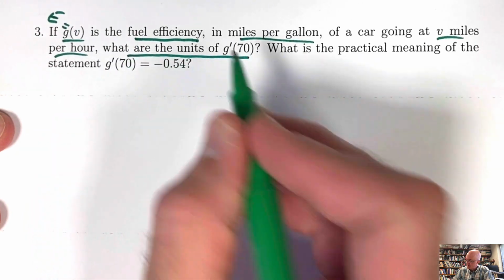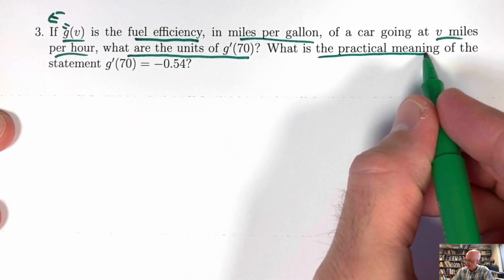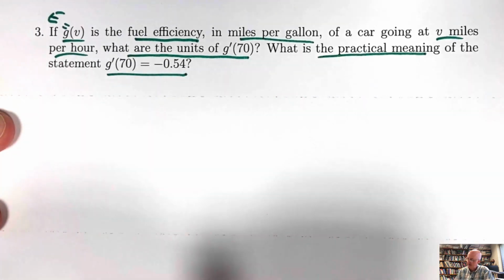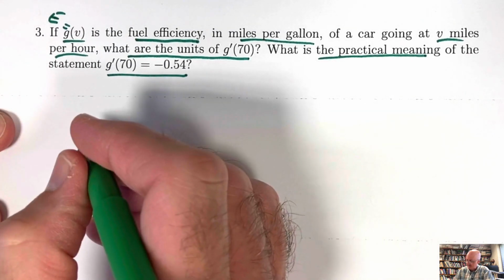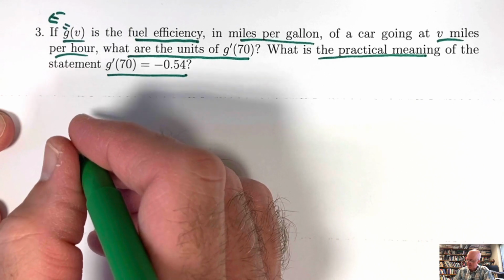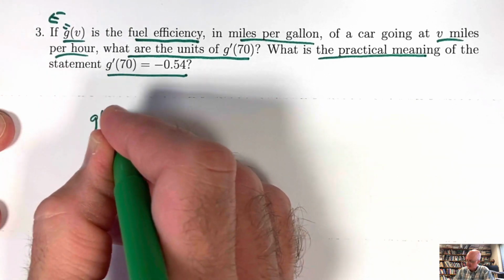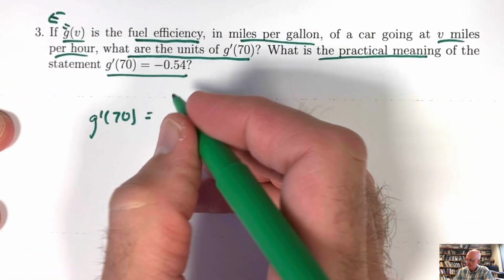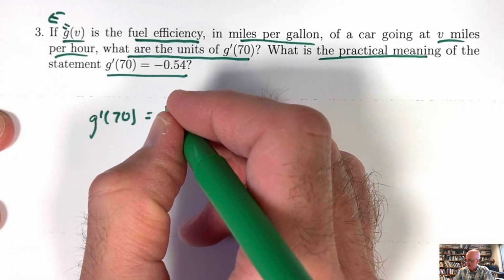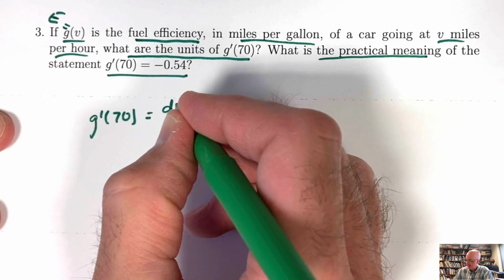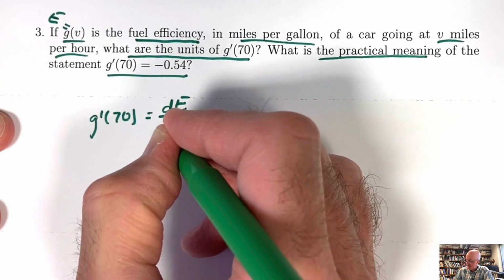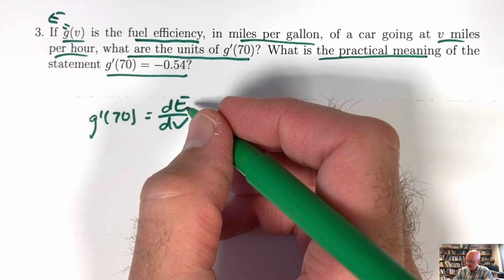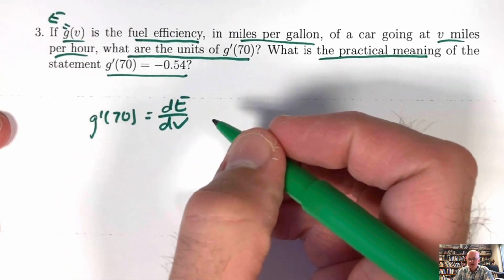What are the units of G prime 70? What is its practical meaning in terms of this statement right there? Once again, think about Leibniz notation. G prime of 70. If you've got a variable that you're calling the dependent variable, I'm calling it capital E here, in Leibniz notation would be dE/dV, the rate of change of the fuel efficiency with respect to velocity, speed, effectively.